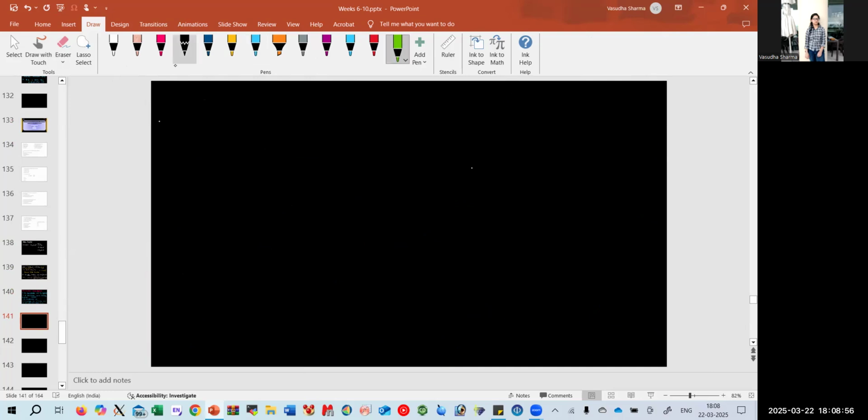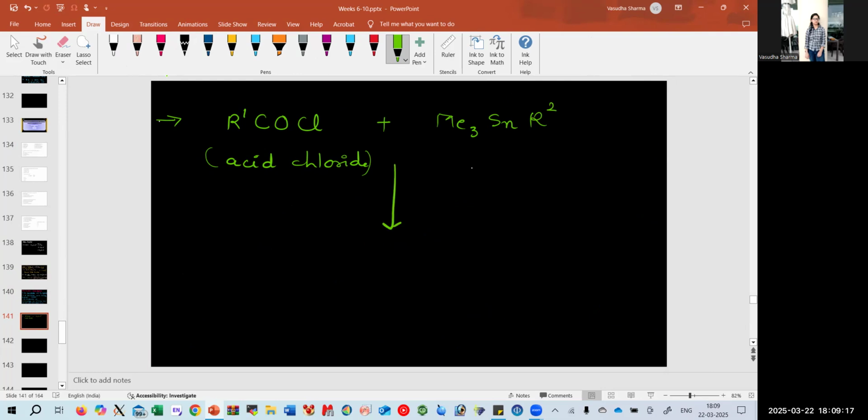So what we are saying is we have R1COCl, this is your acid chloride, and we are treating it with trimethyl tin R2, where R2 is the group which is going to get coupled, in presence of palladium Ln.